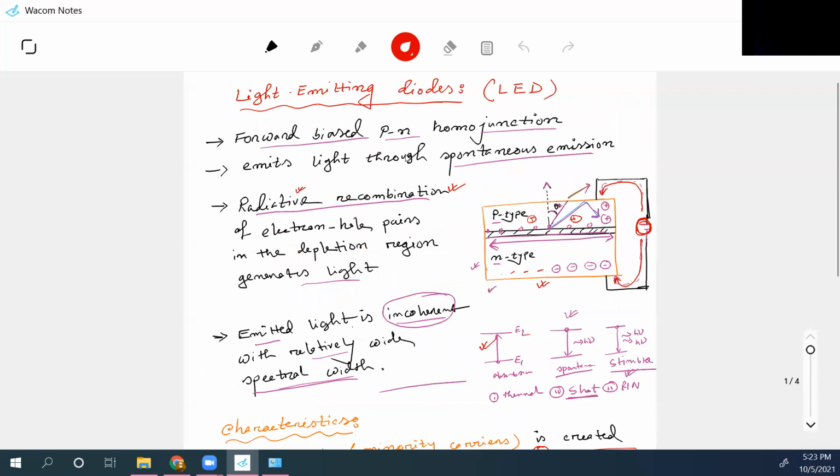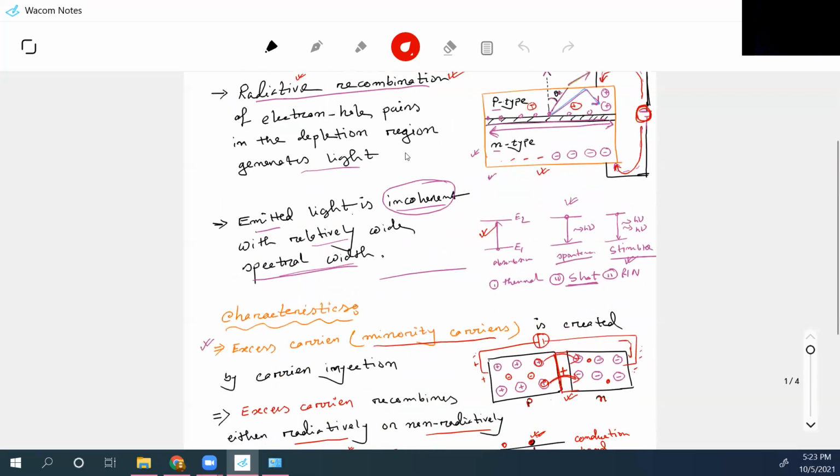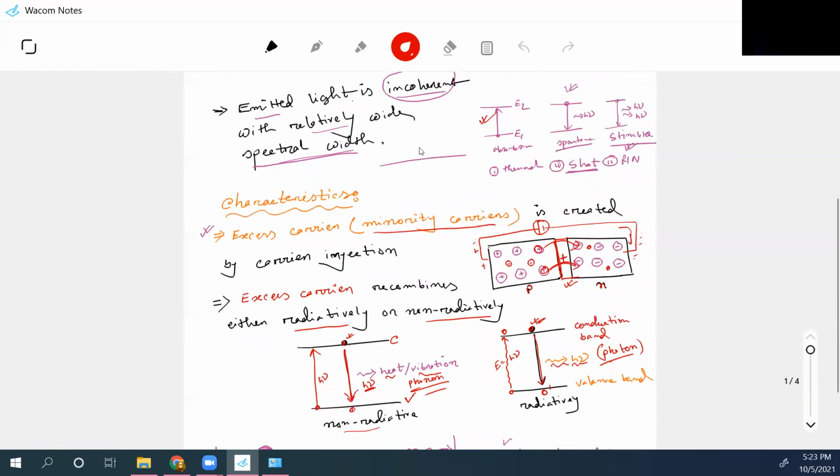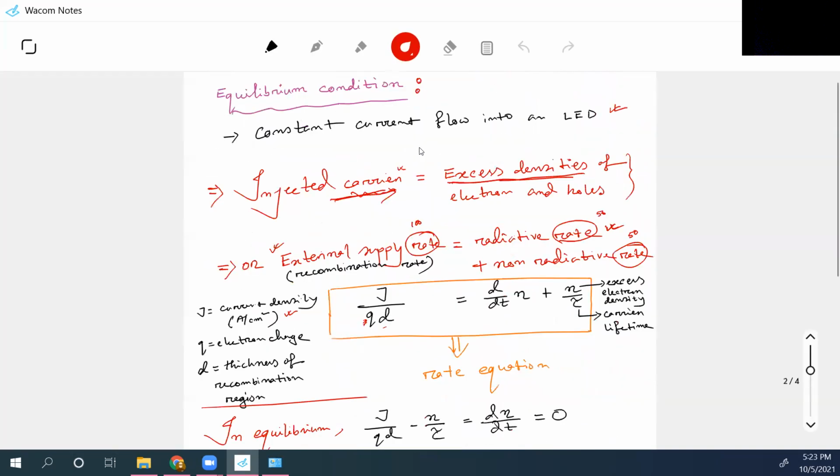This is the thickness of the recombination region, how thick the region is where recombination is happening. This is equivalent to the radiative rate plus the non-radiative rate.